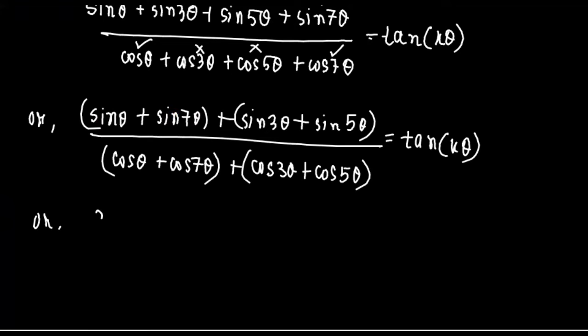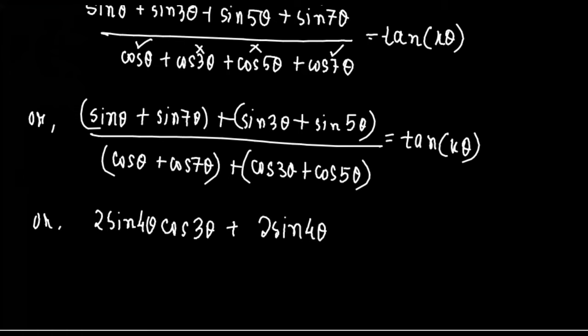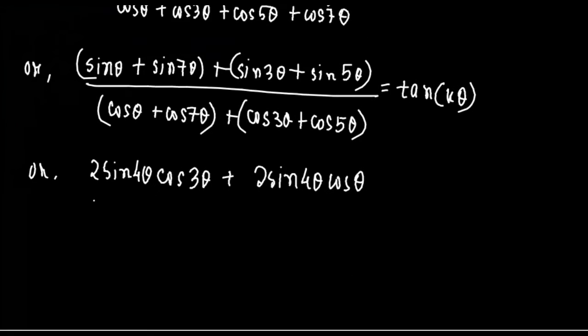So we can write 2 sin 4θ cos 3θ plus, again by the same formula, 2 sin 4θ cos θ, divided by, using the cos C plus cos D formula, 2 cos((C+D)/2) cos((C−D)/2).